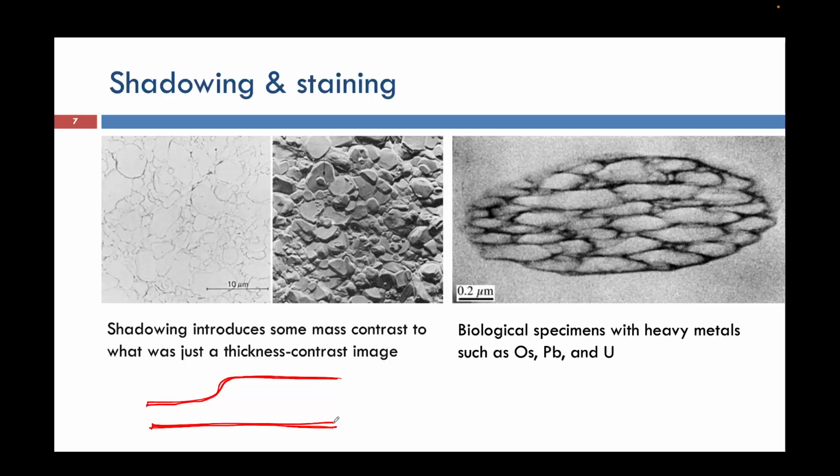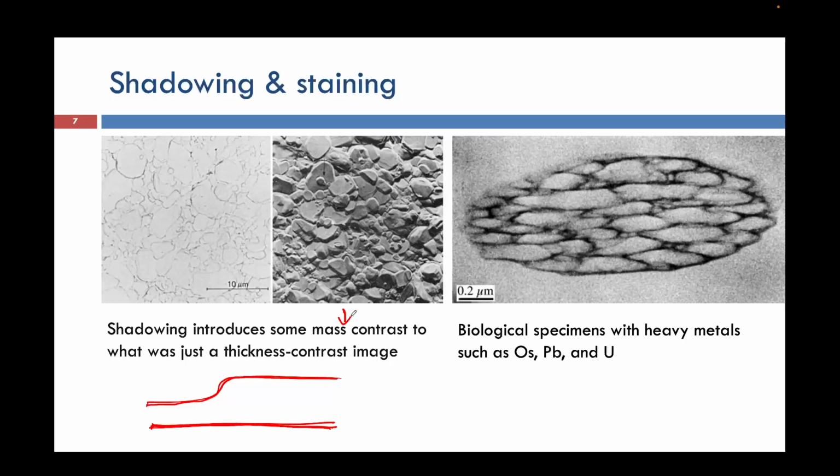But if we get this thickness contrast, then how do we perceive it? Because eventually it's a three-dimensional object and it will be projected in two dimensions, right? So how do we know whether the interpretation that we have done is correct or not? So we intentionally introduce one type of contrast, known as mass contrast. What do we do for the mass contrast?